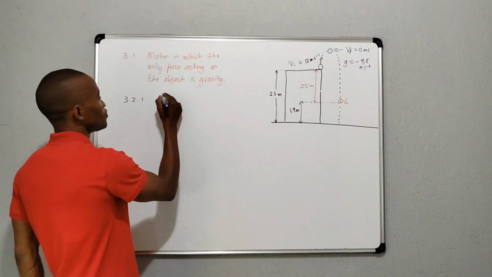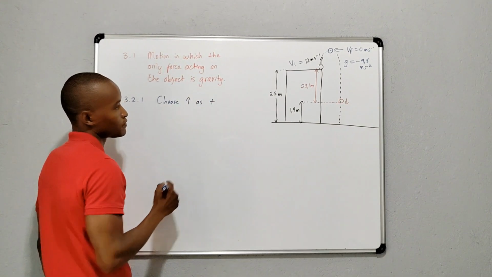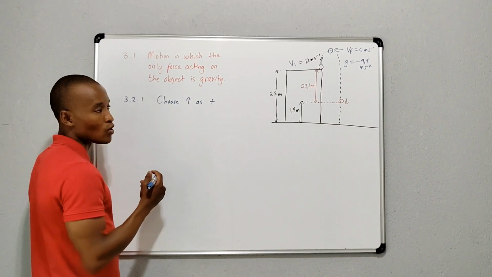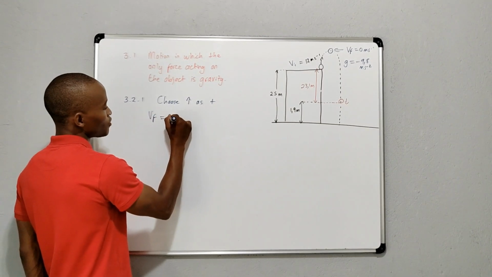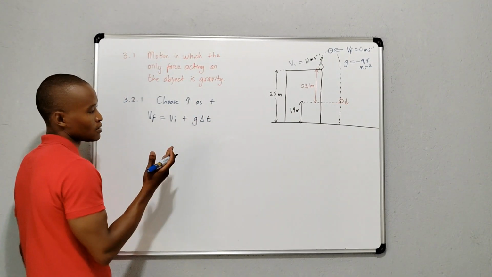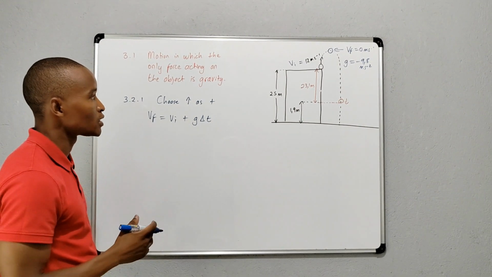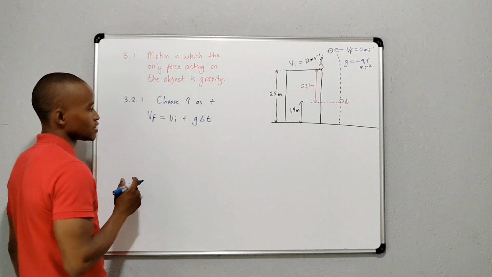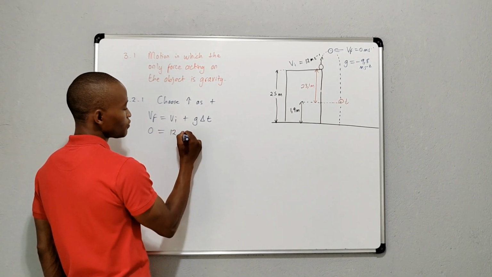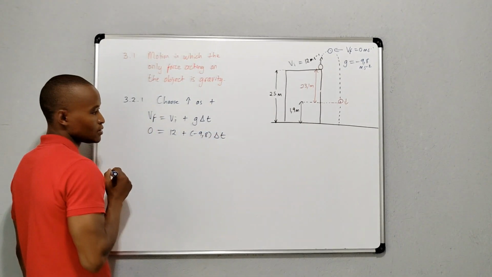So we choose up as positive. Now choose one of the equations of motion. We have Vf equal to Vi plus g change in t. This is a relevant one, not the only one. There are many alternatives that you can follow here to get to the same answer. So this is 0 equal to 12 plus negative 9.8 change in t.